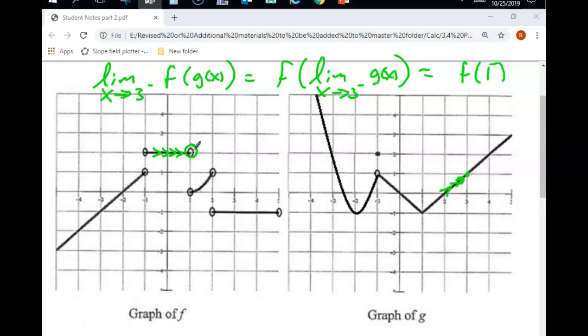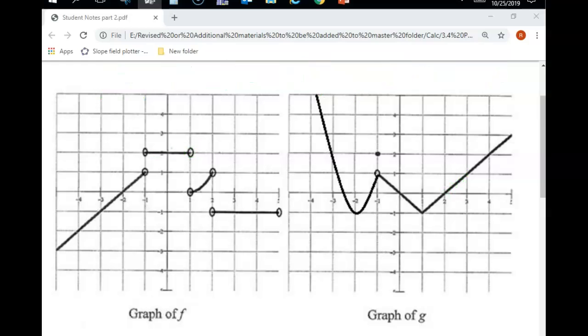Okay? These are one-sided limits. So there's a difference between a one-sided limit and the limit. They will exist at jump discontinuities. But the limit fails to exist. But a one-sided limit has an answer. Okay? So that's all I got for y'all.